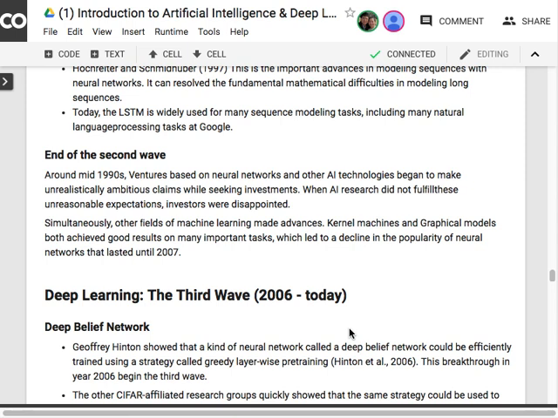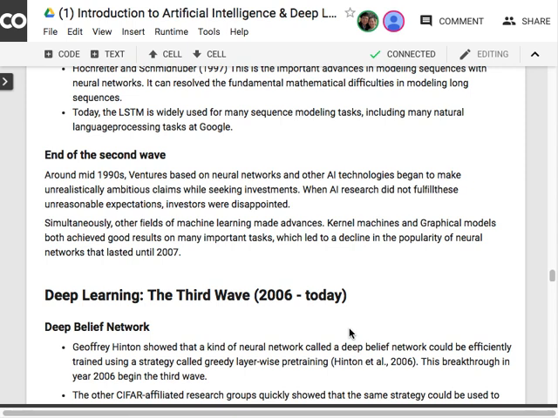At the same time, other fields of machine learning made advances, something like kernel machines and graphical models, and achieved good results in many important tasks. So it led to this decline in the popularity of neural networks.